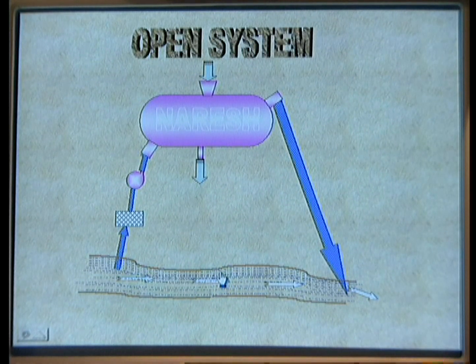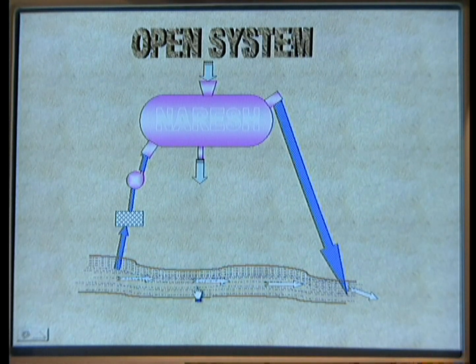For example, in an open system we require nearly 50 times the steam quantity. So, to cool one drop of steam, we require 50 drops of water. That much water is required in an open system. This is possible only if water is available abundantly.